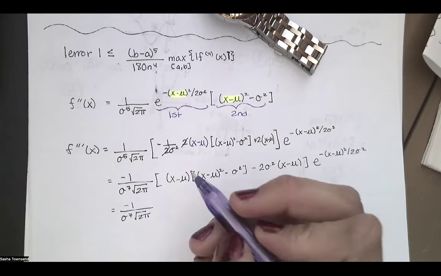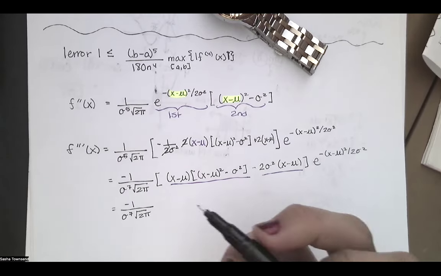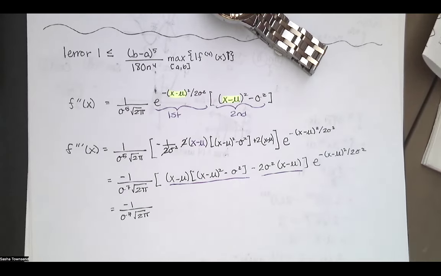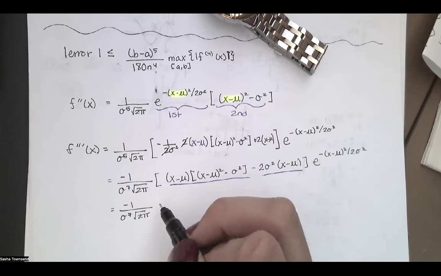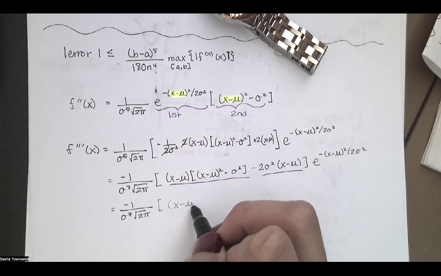Now, when we look at this expression and this expression, they both have an x minus mu in common, so you can factor that out. Actually, I think what I'll do is distribute it. I've got x minus mu times (x minus mu) squared, which is going to be (x minus mu) cubed.